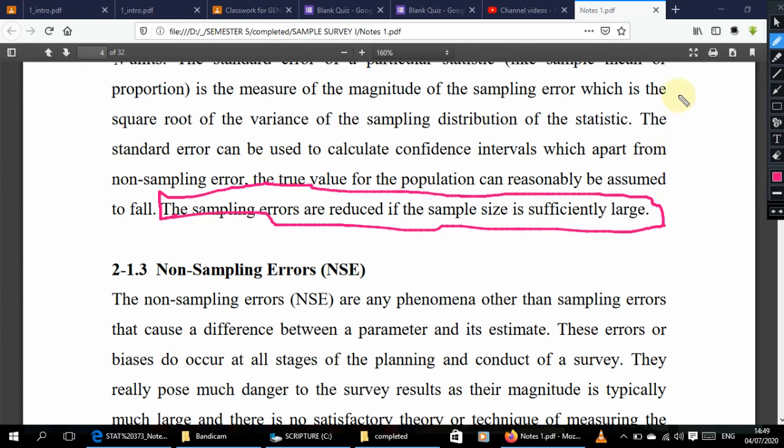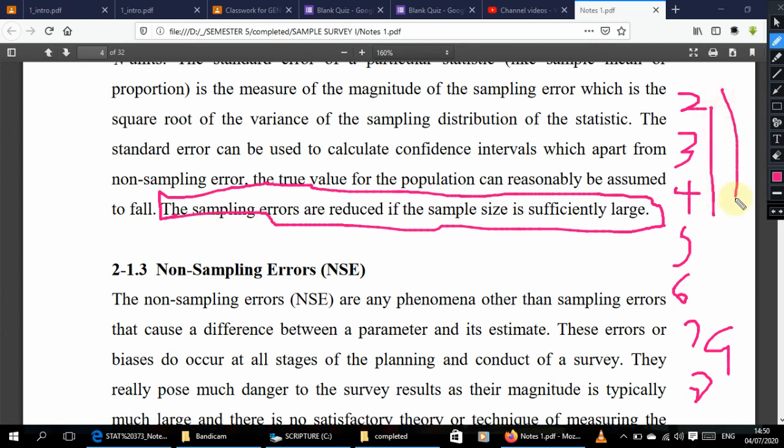So if you have 1, 2, 3, 4, 5, 6, 7, 8, 9, and you pick a sample of, let's say, 3, the error will be bigger than picking a sample of, let's say, 4 or 5, okay. So if you want to reduce the magnitude of the error, you have to increase your sample size, okay. So increase the sample size and then you reduce the error, okay.